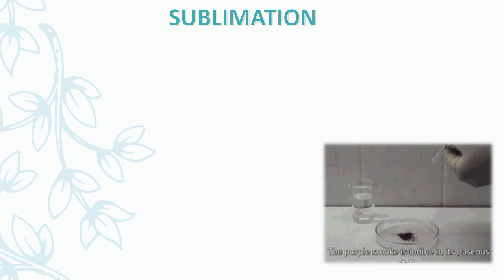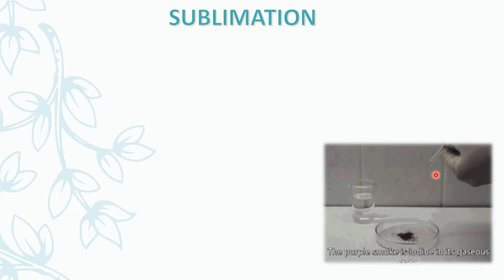Sublimation is a process to convert a solid directly to gas without passing through the intermediate state, that is the liquid state of matter. Hence, we can separate a mixture of salt and ammonium chloride by using this method.